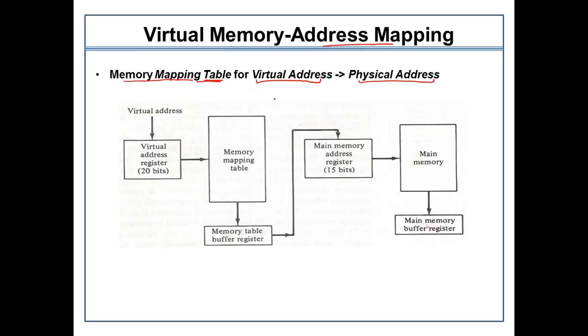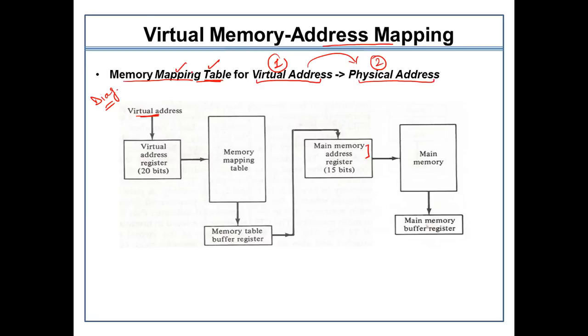We need a mapping table so that this virtual address can be transferred into the physical address. Let's understand how this entire thing happens. Here I have just provided a diagrammatical representation. Later, in the next slide, I will take one example and show you how this entire virtual address is getting shifted into the main memory's address.